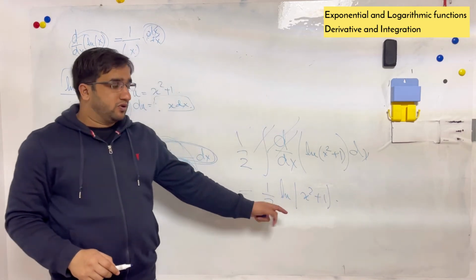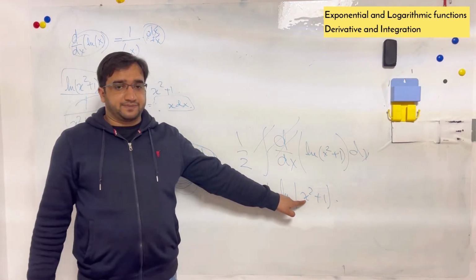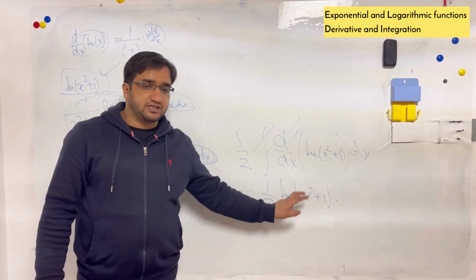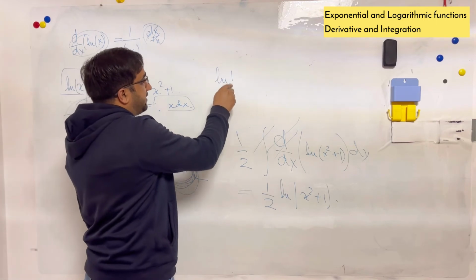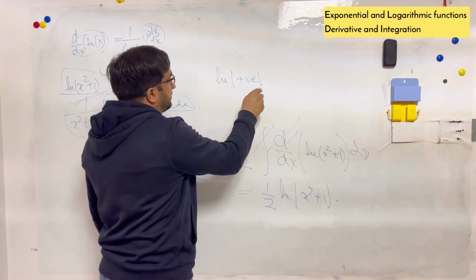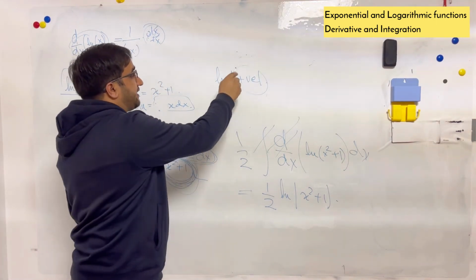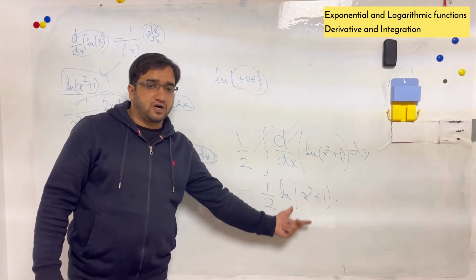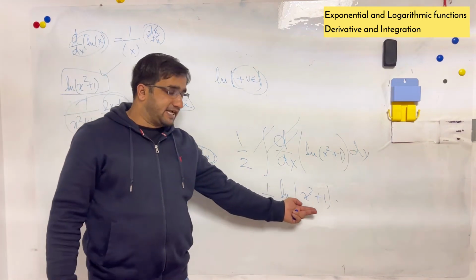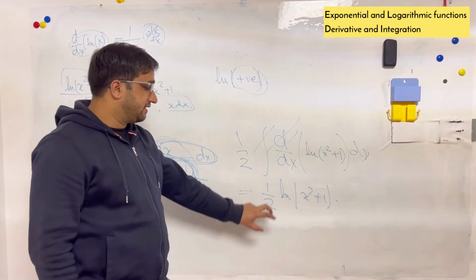Since I don't know what the values of x are, you simply put the mod on it, because natural log is only valid on positive numbers. Inside the bracket there should be positive numbers, so you always put the mod on it, because whatever is negative you have to consider positive.